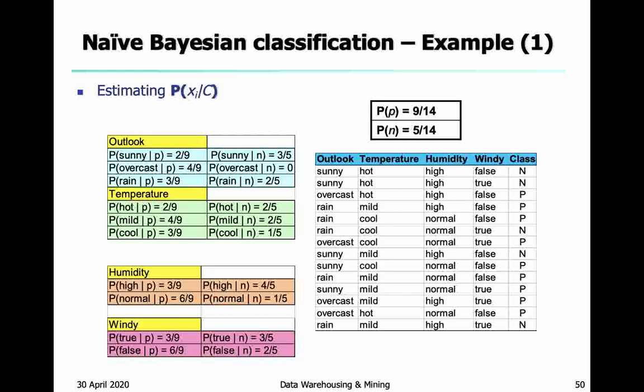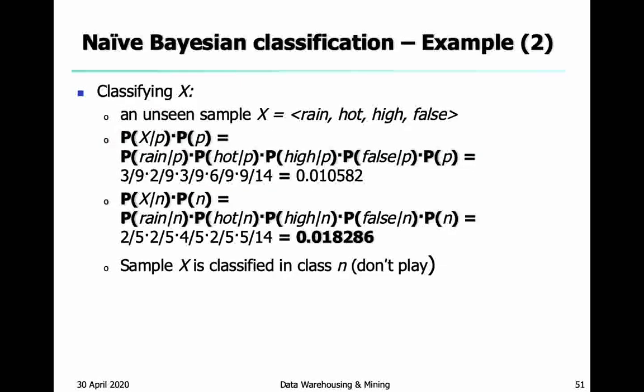There is another example of weather. That also you can check in the same way, right? For each you find all the P(X conditioned on Ci), and then find that value, and this one is greater than this one, so obviously it is don't play.